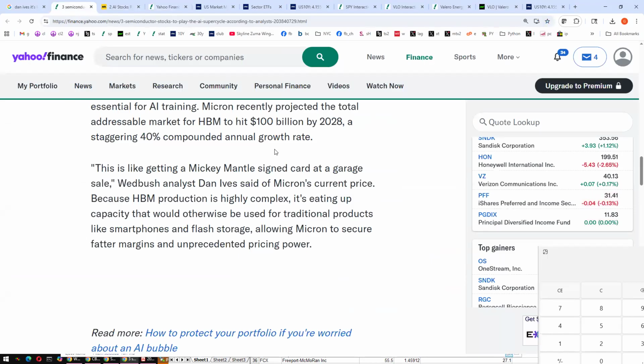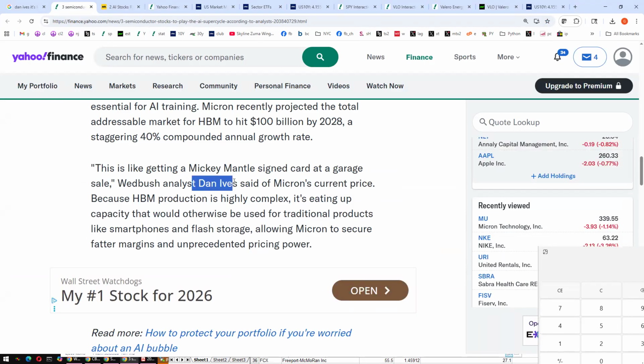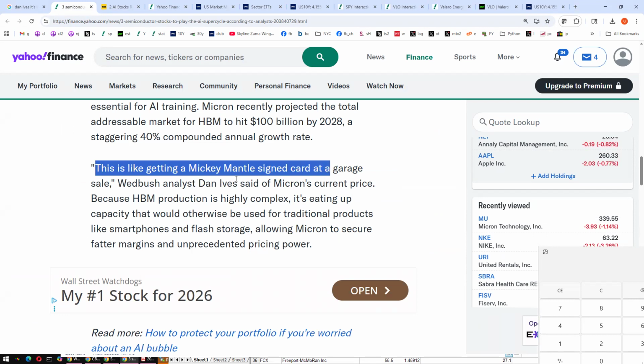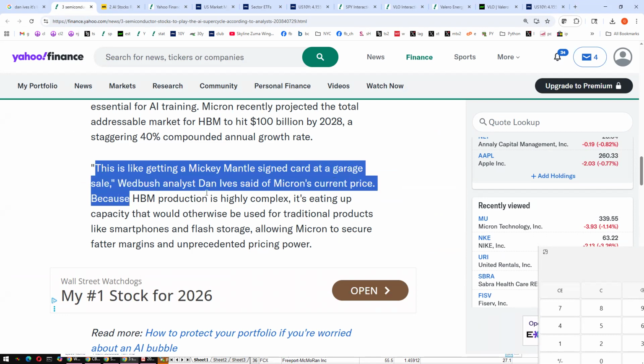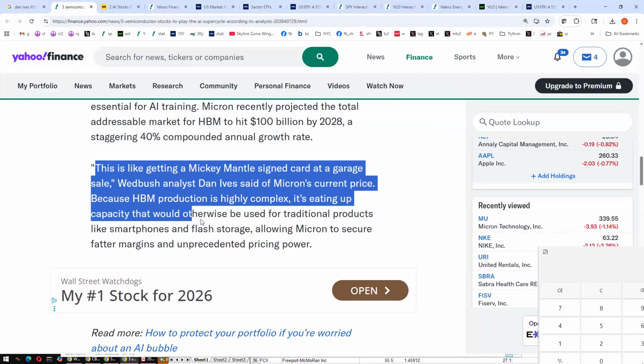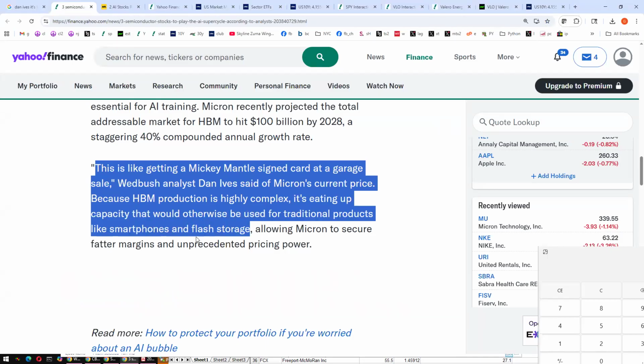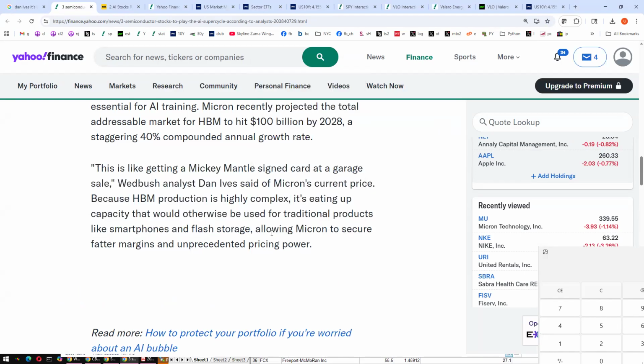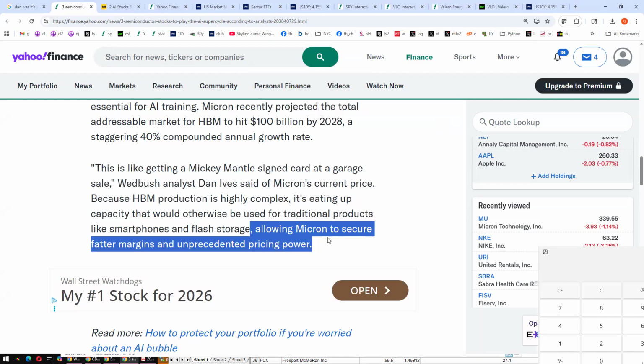There's a comment from Dan Ives of Wedbush. He said Micron is like getting a Mickey Mantle signed card at a garage sale, of Micron's current stock price, because high bandwidth memory production is highly complex, it's eating up capacity that would otherwise be used for traditional products like smartphones and flash storage, allowing Micron to secure fatter margins and unprecedented pricing power.